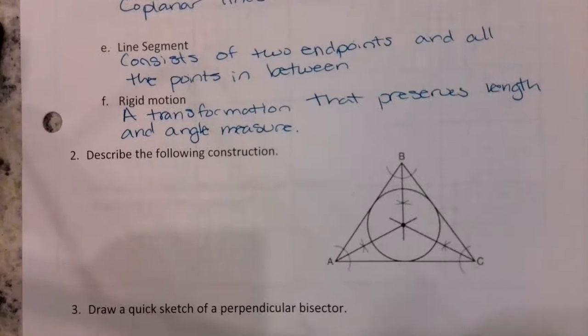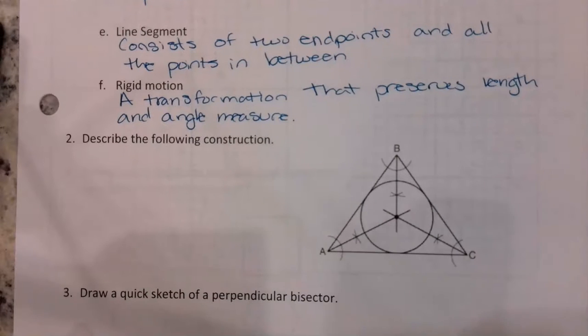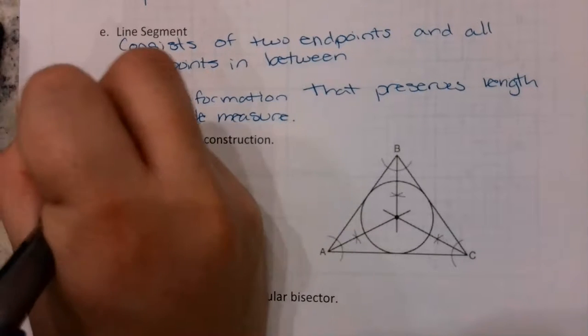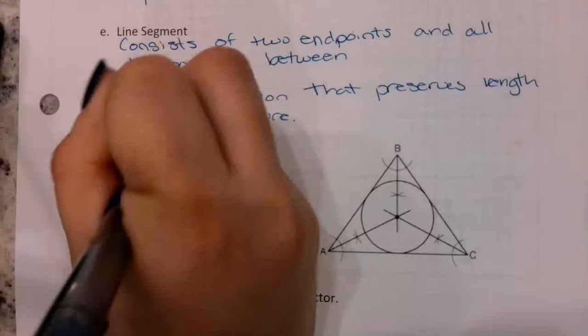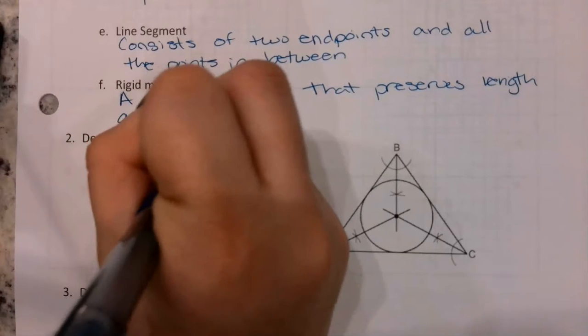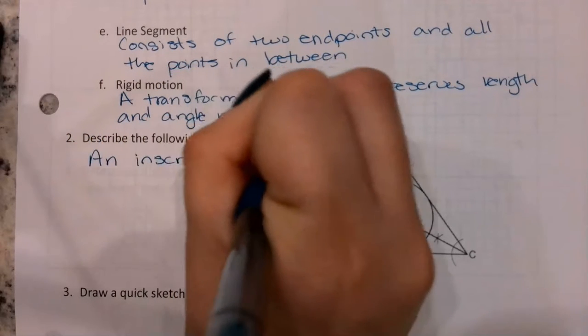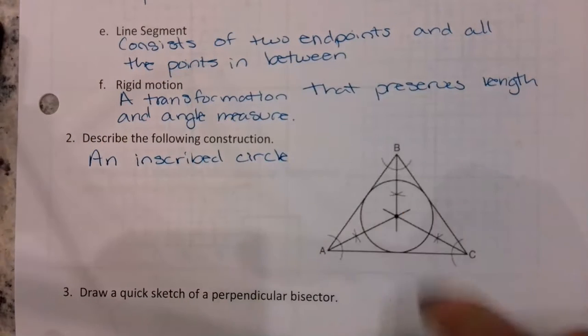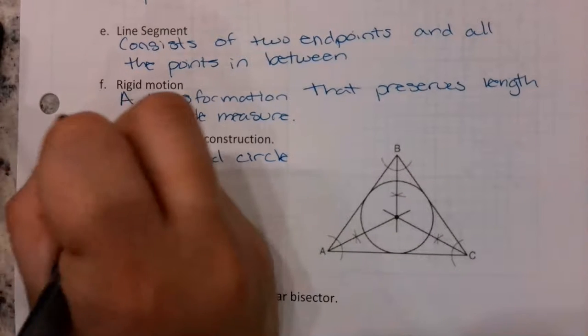Okay, I have this picture and I need to describe what it is. It is an inscribed circle, because the circle is inside. And it was made by angle bisectors.